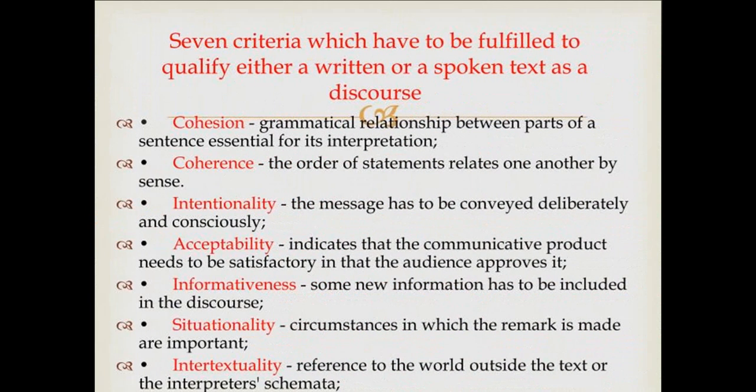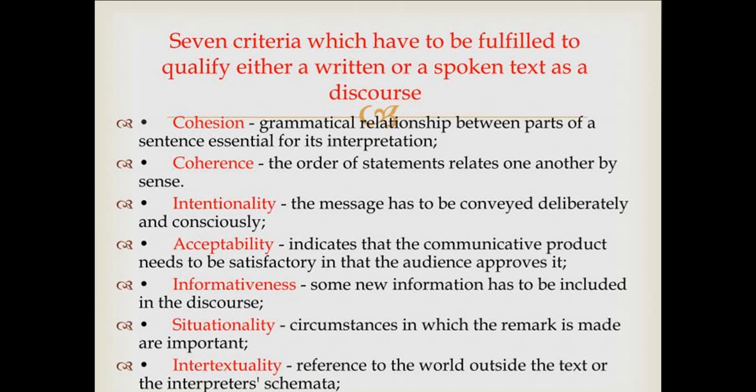There are seven criteria which have to be fulfilled to qualify either a written or spoken text as a discourse. The first is cohesion, the grammatical relationship between parts of a sentence essential for its interpretation. Coherence, the order of statements relating to one another by sense, you can say by meaning. Intentionality: the message has to be conveyed deliberately and consciously.